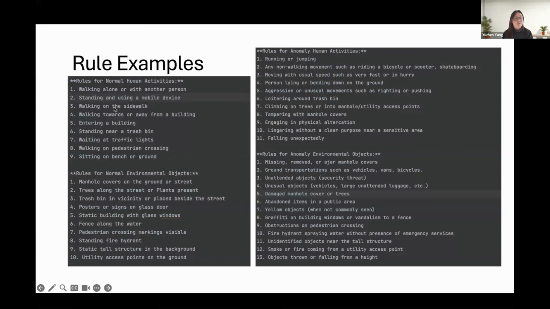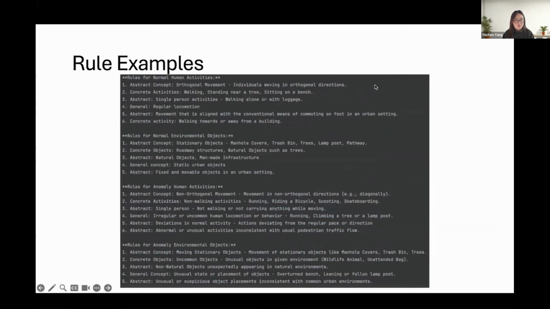For the normal activities, there are basically activities like walking or standing or sitting, such as this. And as a comparison, the anomalous human activities will be like running and non-walking movement, or aggressive or unusual movement. So we will have this set of rules for use in deduction.